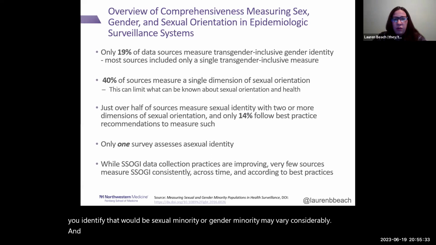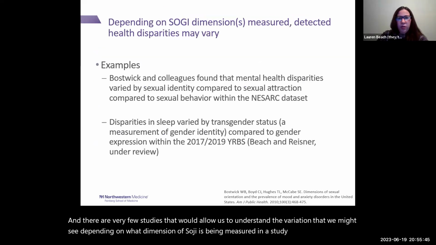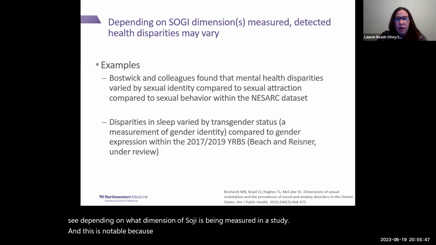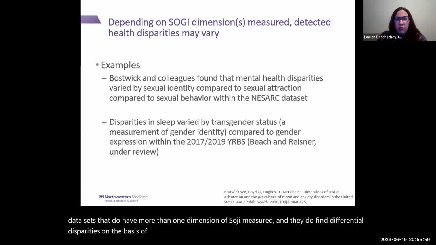There are very few studies that allow us to understand the variation we might see depending on what dimension of SOGI is being measured. There are studies in the rare data sets that do have more than one dimension of SOGI measured, and they do find differential disparities on the basis of attraction, behavior, and or identity.